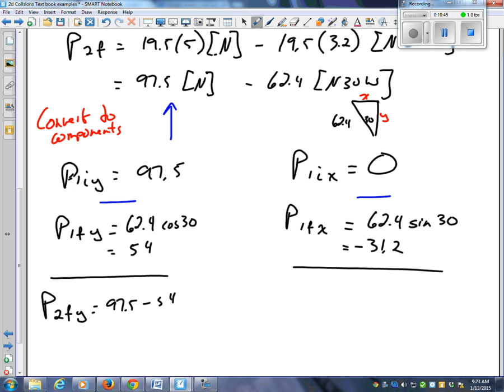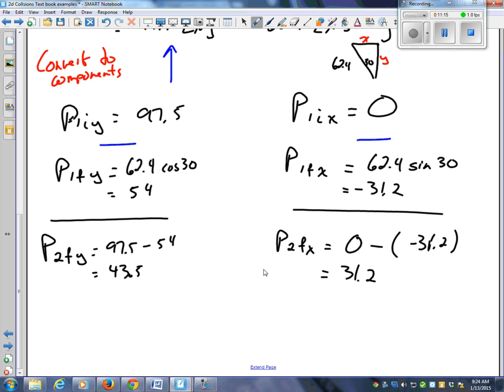I'll write it out again if you want. And you get 43.5. And here, P2FX is going to be 0 subtract minus 31.2, or 31.2.